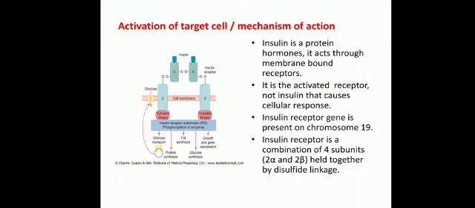So it is going to make a tissue do what it wants through a membrane bound specific receptor. Basically it is this activated receptor, not exactly insulin, which is causing the cellular response. But keep in mind, the particular receptor on the cell membrane can be activated only by insulin to bring about the cellular response. Is that clear?